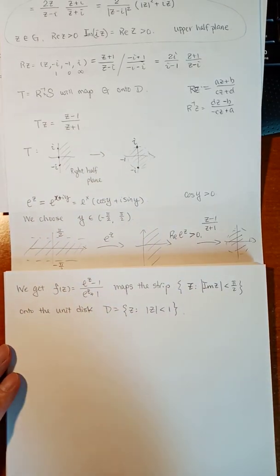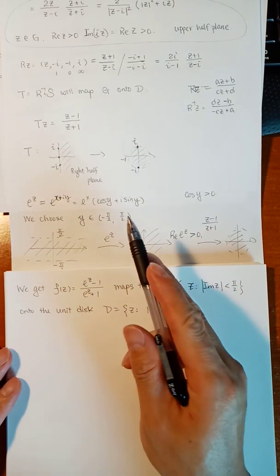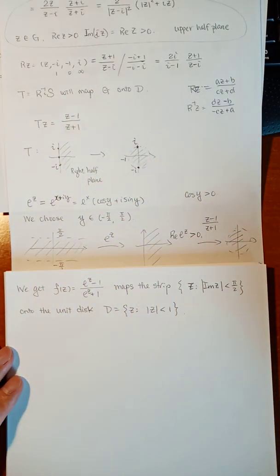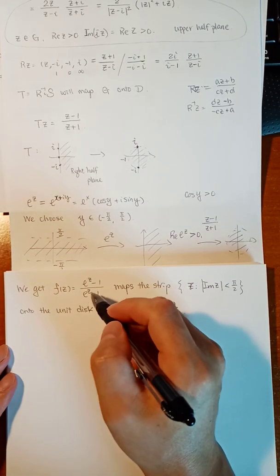That's the composite function of the exponential function with this function we just discovered, (z minus 1) over (z plus 1). All right, so that's a very nice function.